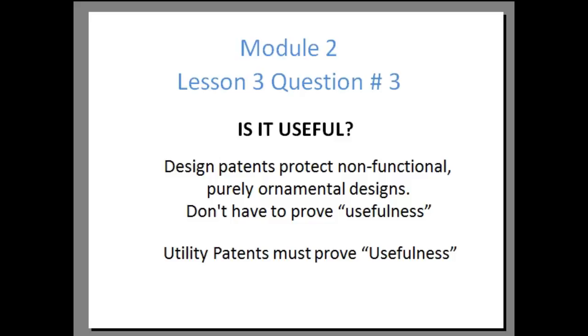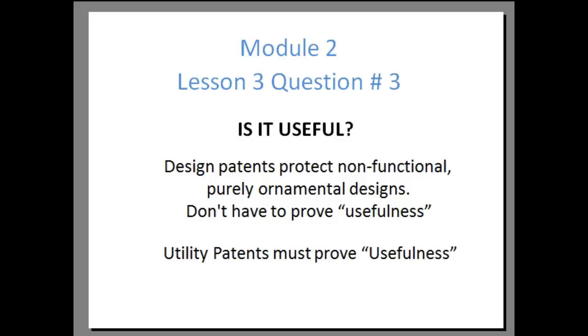It would take too long here, but this is one place where the proper use of a design patent can really help. The government website says that a design patent protects only non-functional, purely ornamental designs. It does not have to prove usefulness.